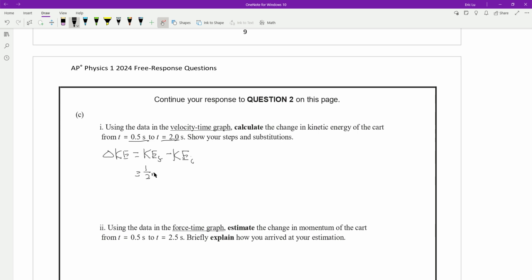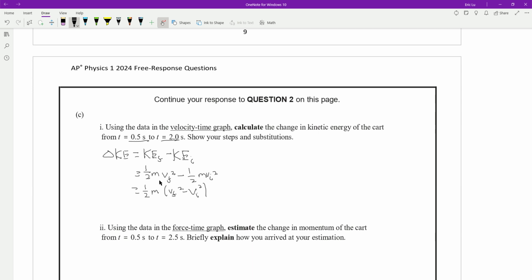1 over 2 m v final squared. This is the formula for kinetic energy. Minus 1 over 2 m v initial squared equals, before we substitute everything, it would be better to factor out the m. So 1 over 2 m times vf squared minus vi squared.